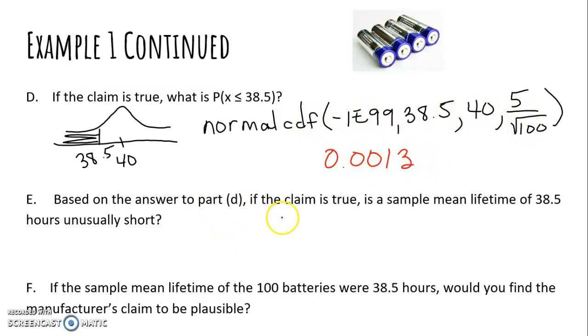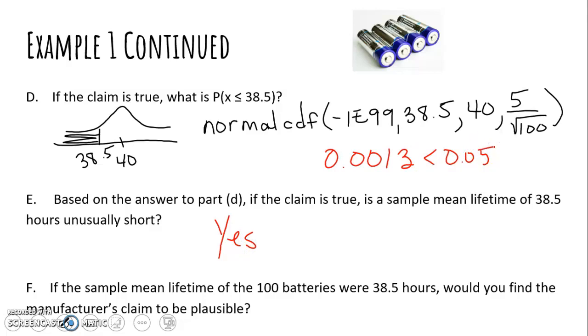So based on that answer, if the claim is true that the mean is really 40, is a sample mean lifetime of 38.5 hours unusually short? Well, it has a very low chance of happening, less than 1% chance of getting that if the mean is really 40. So yes, it is unusual. This is definitely less than 5%. It's way less than 5%.